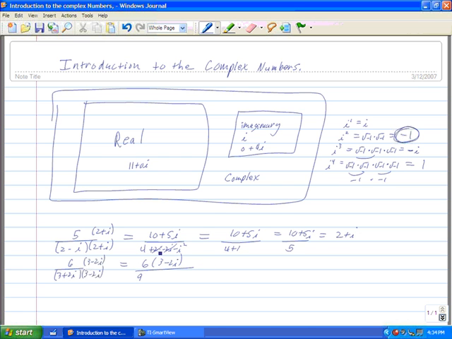I already discovered that the inner and the outer product cancel, so I'm not even going to bother doing them. I'm going to have a minus 4 i squared. Alright, on top, you've got what we had before. 9 minus 4i squared becomes 9 plus 4. So going ahead and multiplying.